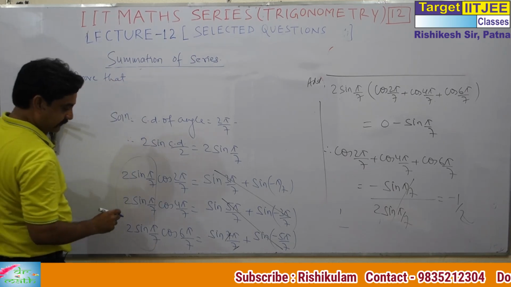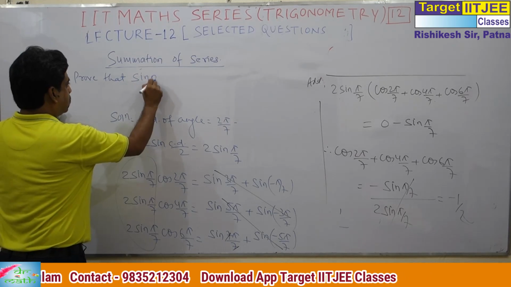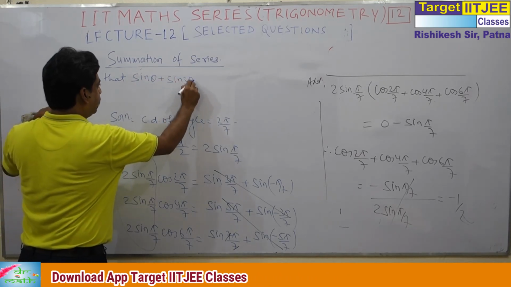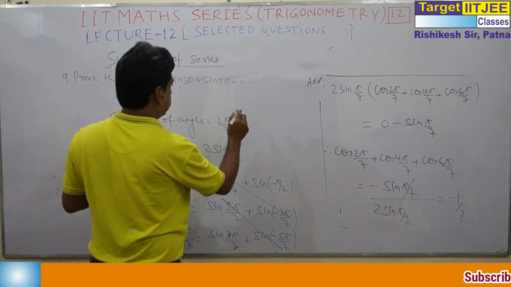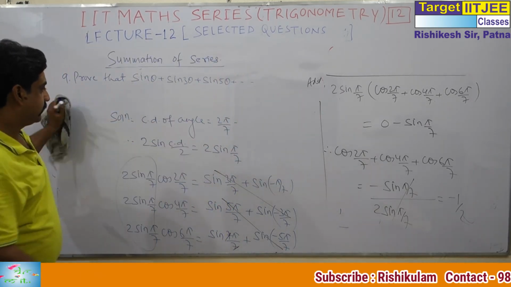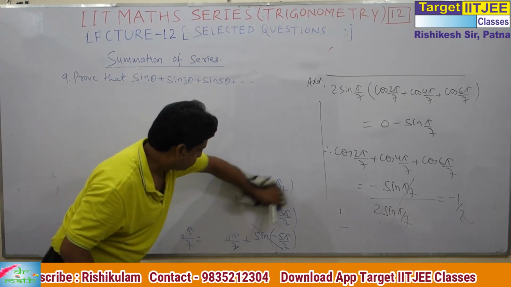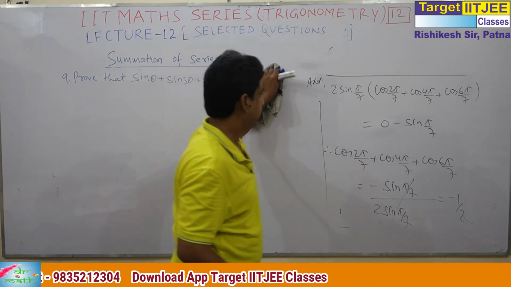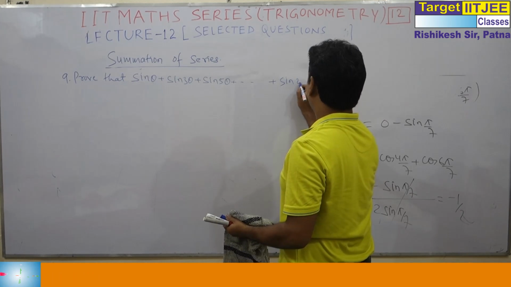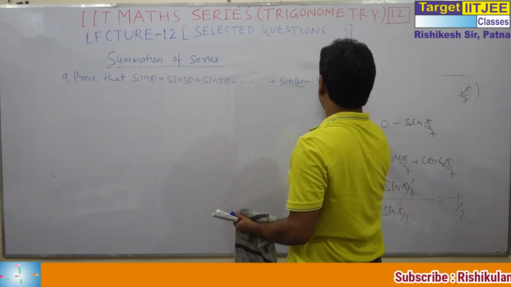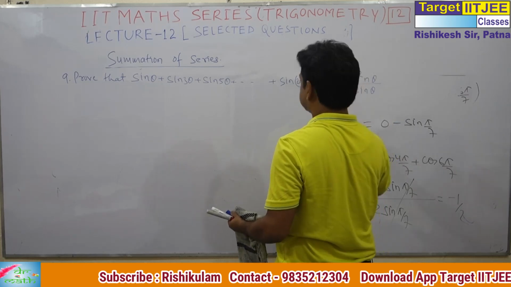Prove that sine theta plus sine 3 theta plus sine 5 theta up to sine 2n minus 1 theta is sine square n theta by sine theta.